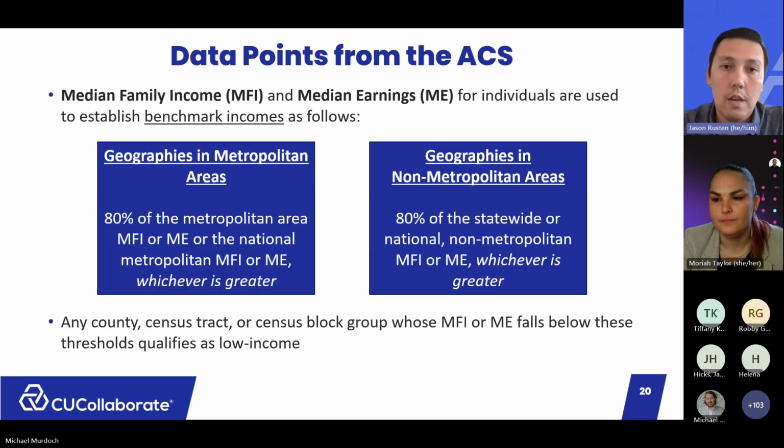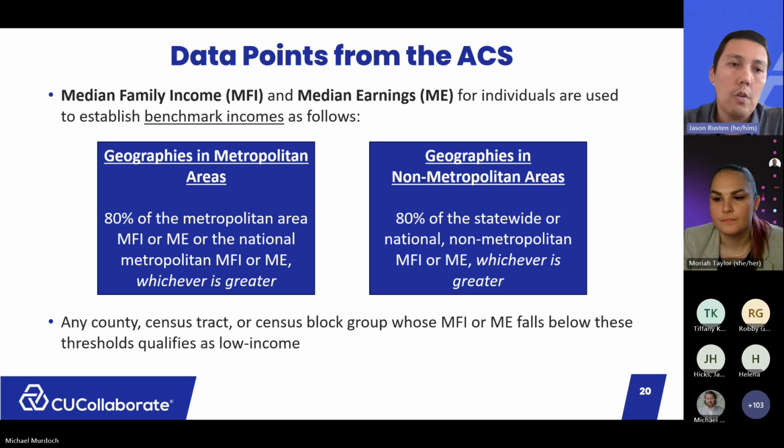The ACS includes a ton of different information, but the main data points used for determining which areas qualify as low income are median family income and median earnings, which are for individuals. The benchmark incomes are based on whether the area is in a metropolitan area or in a rural area, which the census refers to as non-metropolitan.